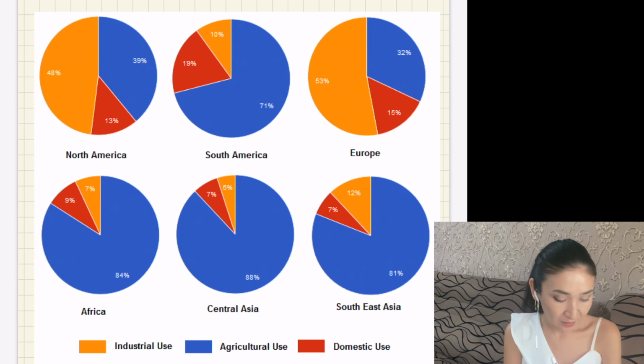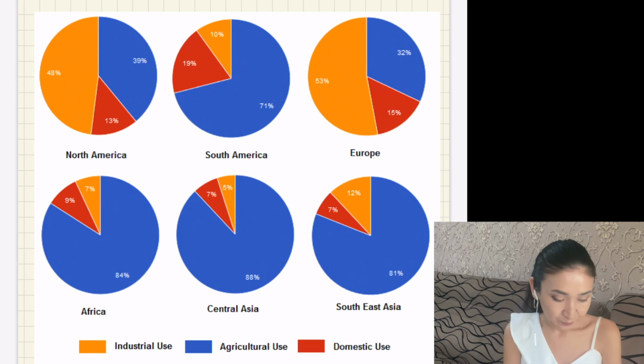And this is really important in my point of view, to mention most of the features, let's say, which you can see from your pie chart.